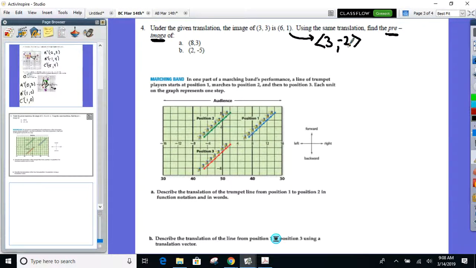So using this rule, on some point, I ended up at (8,-3). What was that point I started at? That's your job right now. I ended at (2,5). What point did I start out on? Pre-image. Which point did you start with?